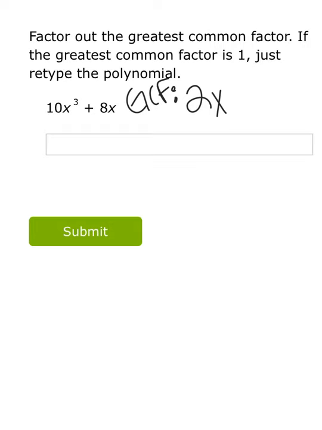Alright, so now let's factor it out. I'm going to divide each of these terms by 2x. So 10x cubed divided by 2x would be, well, 10 divided by 2 is 5, and x cubed divided by x is x squared.